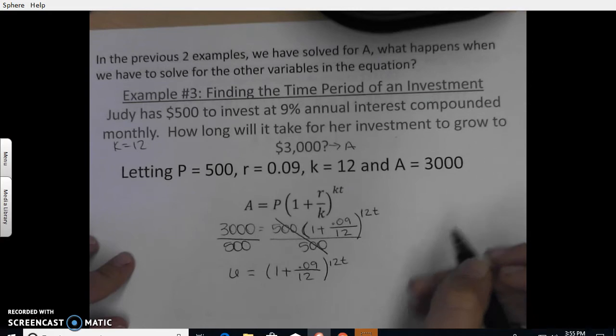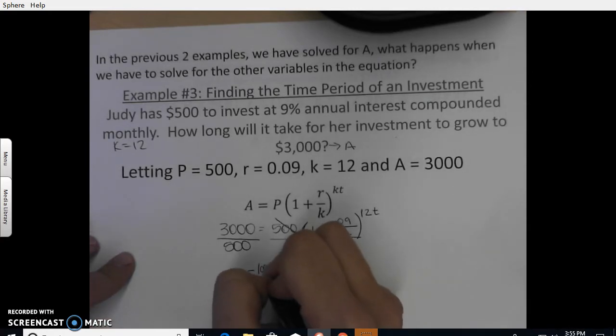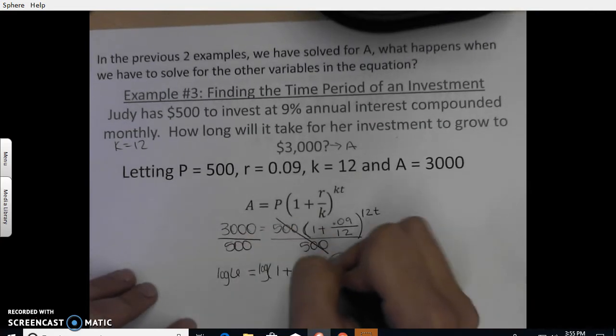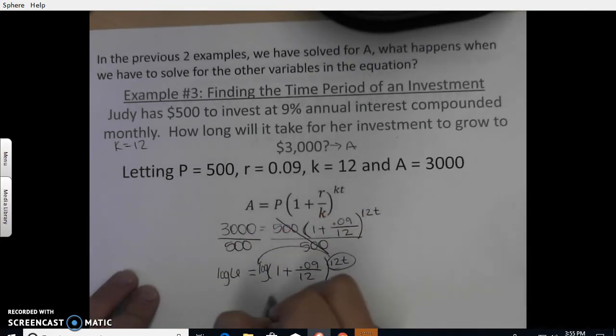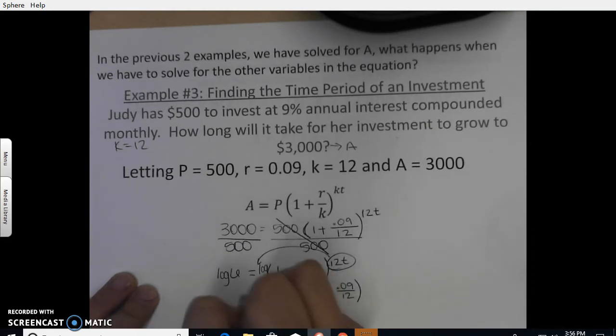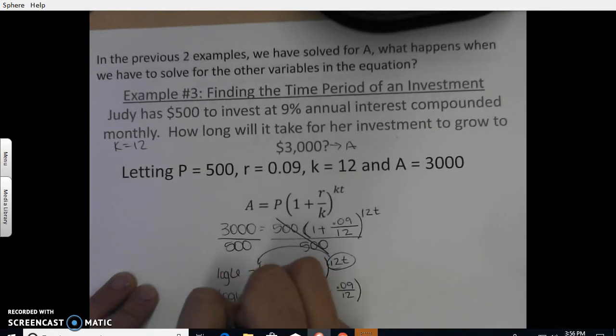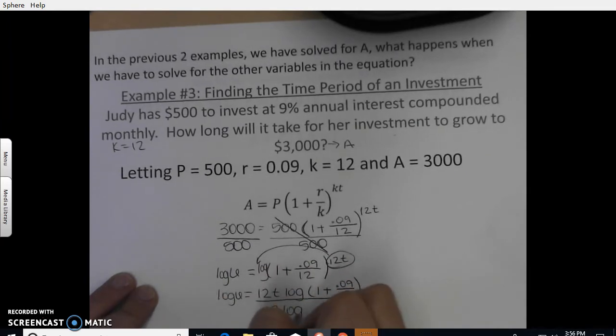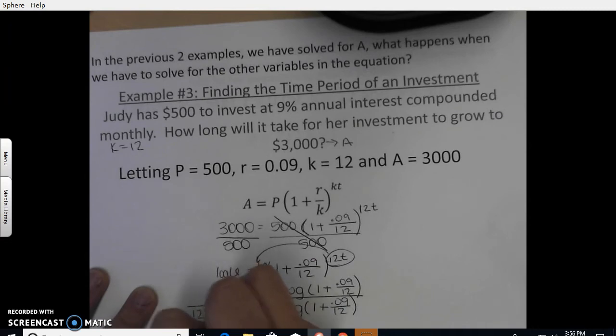I'm going to ln or log both sides, which means I can bring my exponent to the front. So I have 12t log of 1 plus 0.09 over 12 is equal to the log of 6. And I'm going to divide by 12 log of 1 plus 0.09 over 12 on both sides.